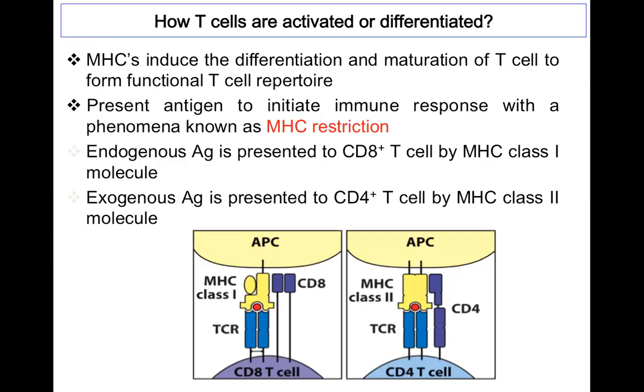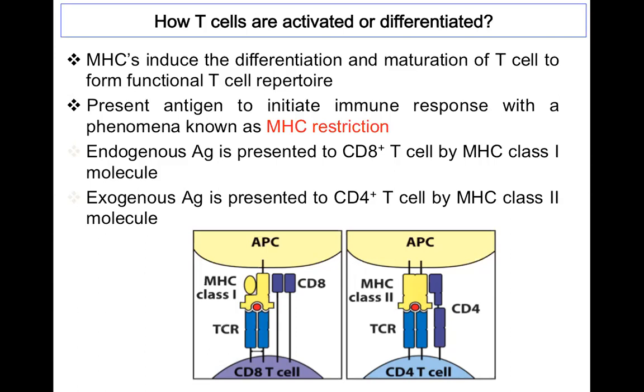So here we are going to use two terms. One is endogenous antigens, which are presented to CD8 positive T cells by MHC class 1. So it means MHC class 1 acts on endogenous antigens. And exogenous antigen is presented to CD4 positive T cells by the MHC class 2 molecules.